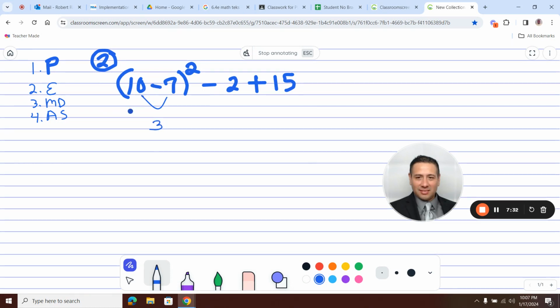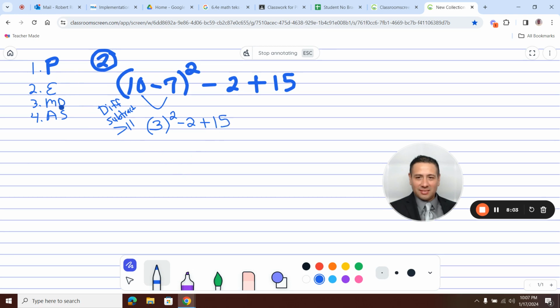There's a minus, so I should be thinking of the rule diff, which means I have to subtract, which I already did, and keep the greatest absolute value. So 10 minus 7 will be 3. 10 has the highest absolute value, so that's just 3. Don't forget to bring down the parentheses, then the exponent, the minus 2 plus 15.